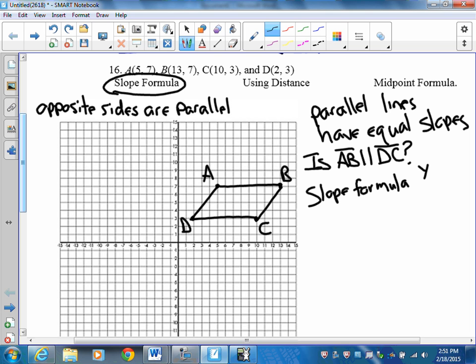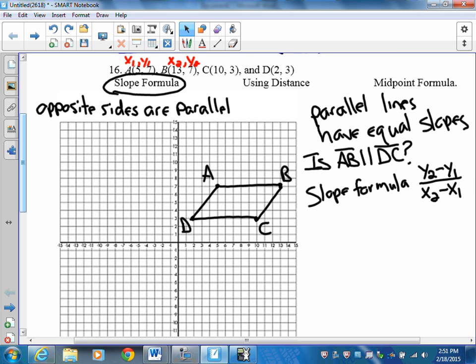So we said it was y2 minus y1 over x2 minus x1. We've also been using y1 minus y2 over x1 minus x2. So let's use that for A and B. So I have x1 y1 and x2 y2. So let's first look at the slope of AB.